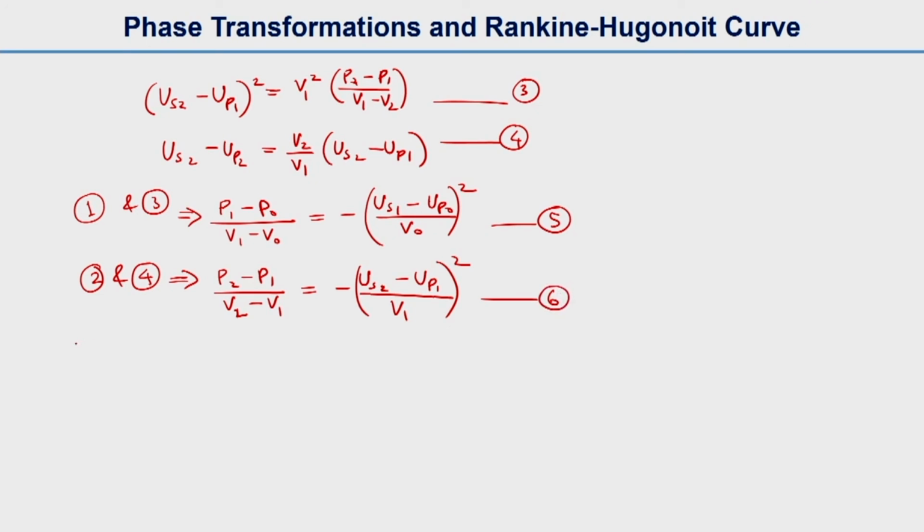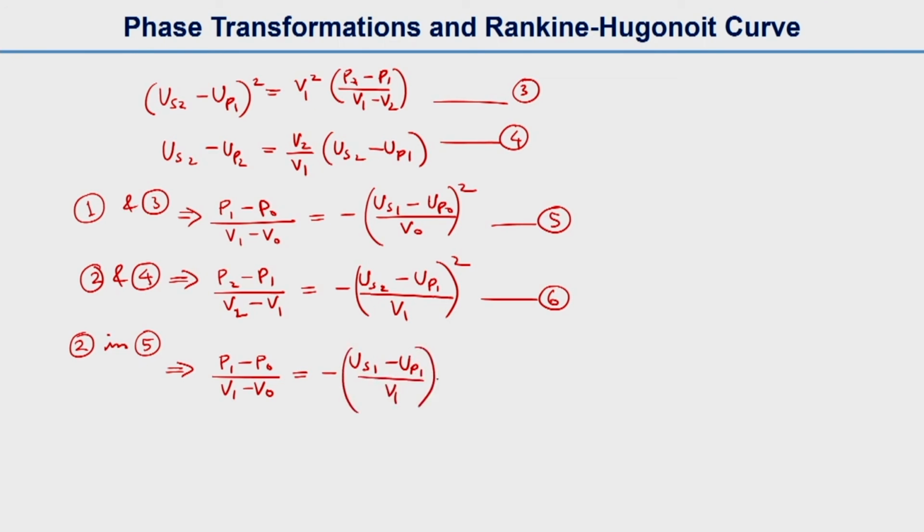If we substitute 2 in 5, that will give us P1 minus P naught divided by V1 minus V naught is equal to minus US1 UP1 divided by V1.